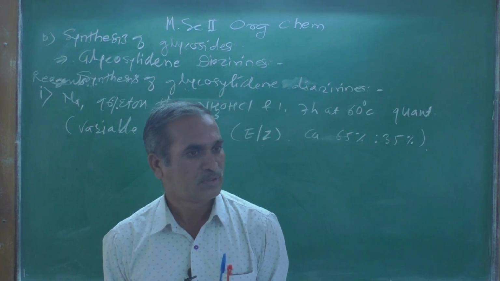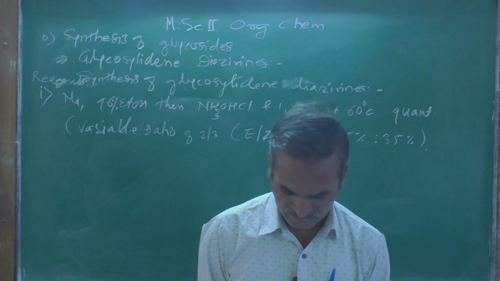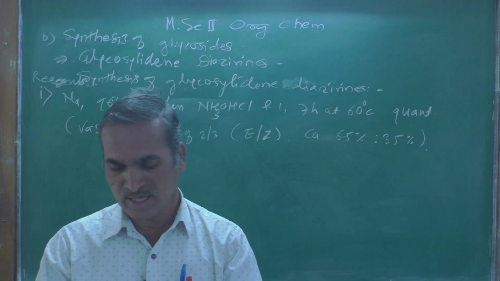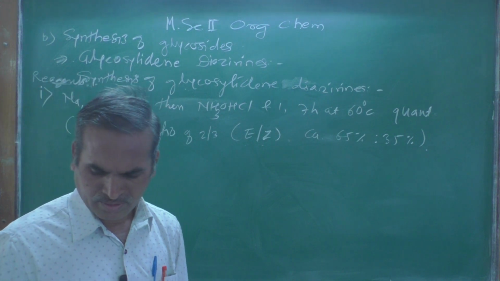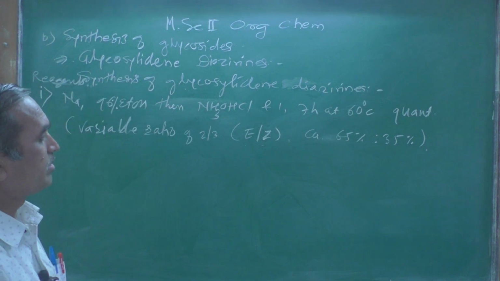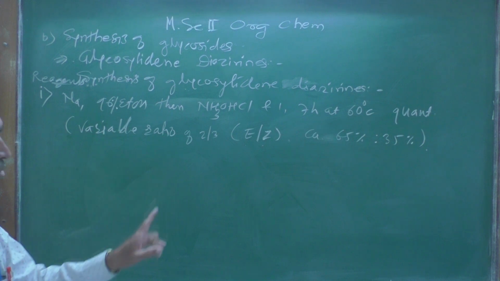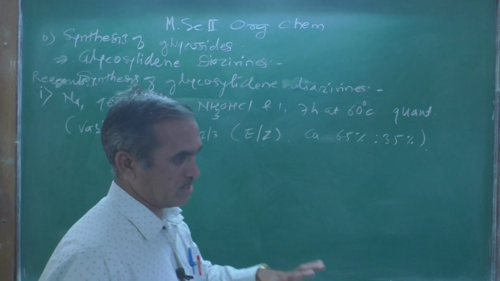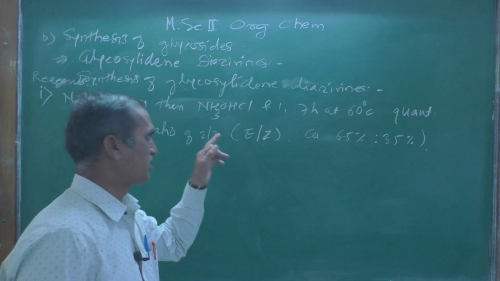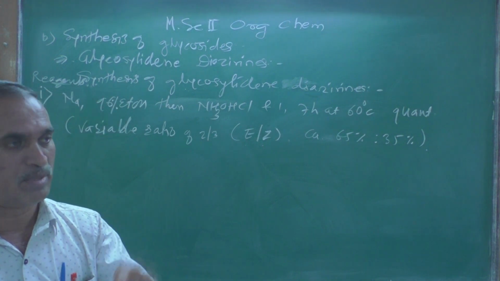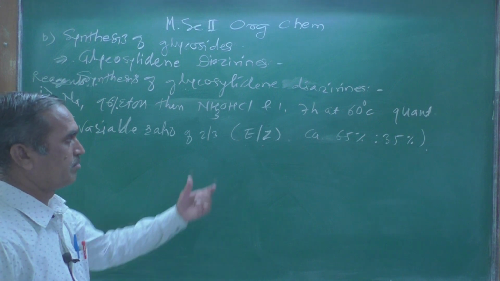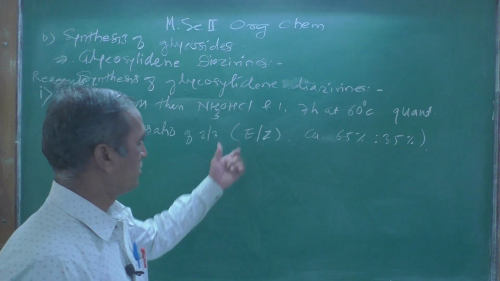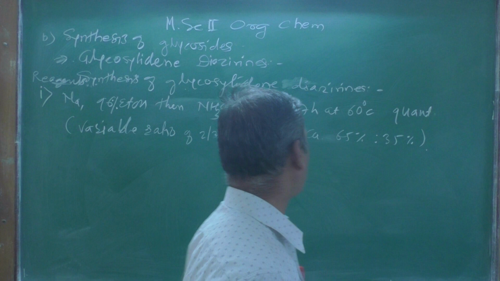Number 4, isotopes. If the higher priority groups are on the same side, that is known as Z configuration, whereas if similar priority groups are on opposite sides of the carbon-carbon double bond, then we call it E, meaning across the carbon-carbon double bond.